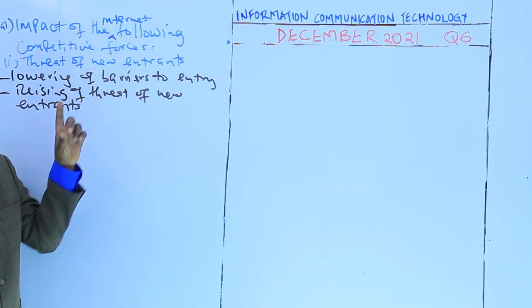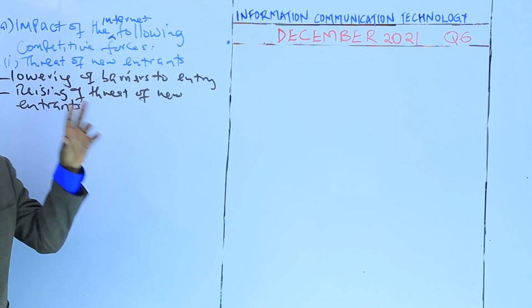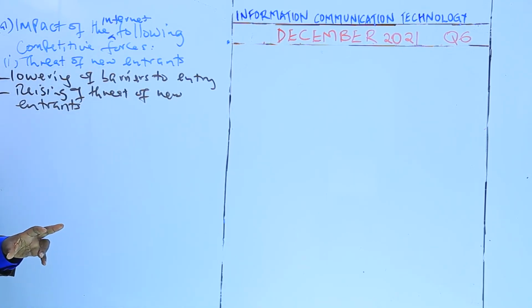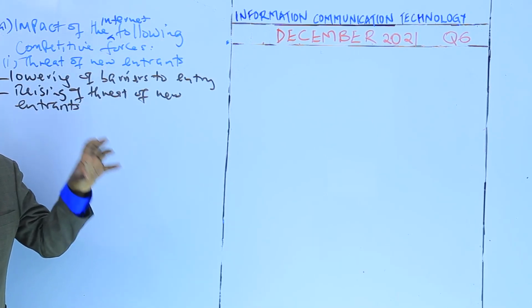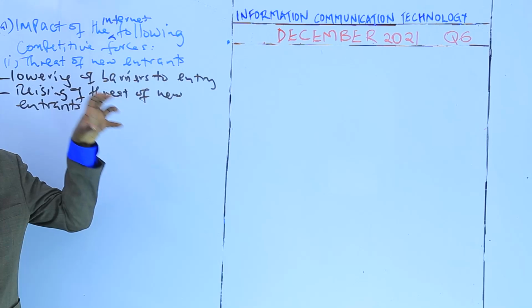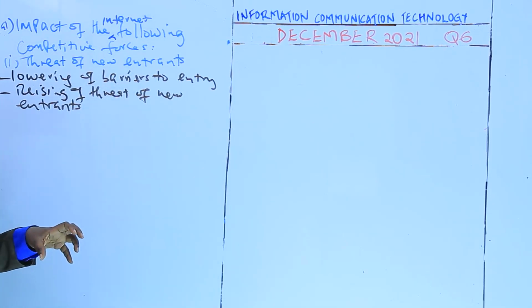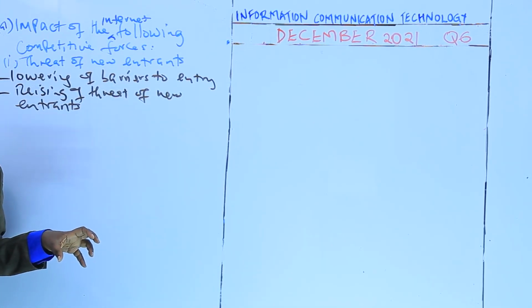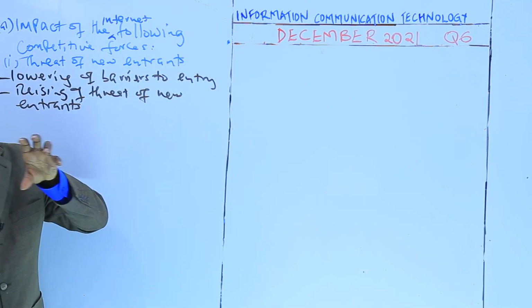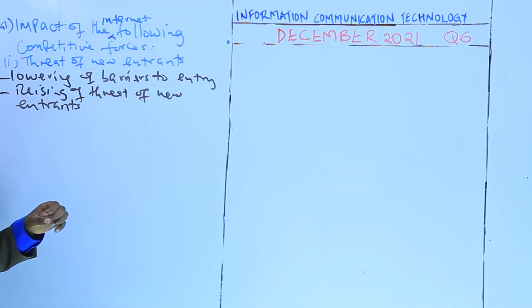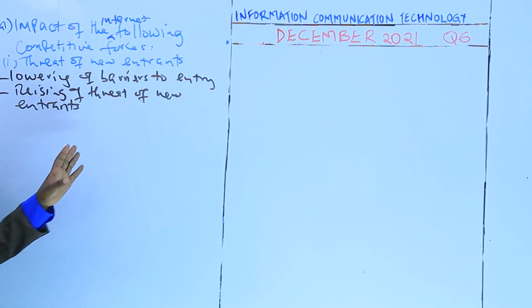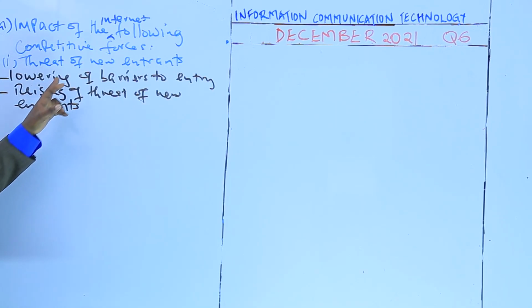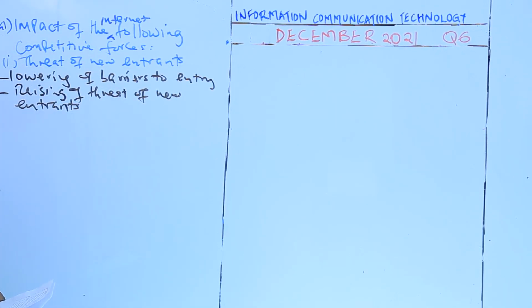But the internet has made it possible to lower such barriers, because it provides a platform for new businesses to easily establish an online presence, which may have a global audience or reach. Do you understand? So that's the impact of the internet on threat of new entrants.